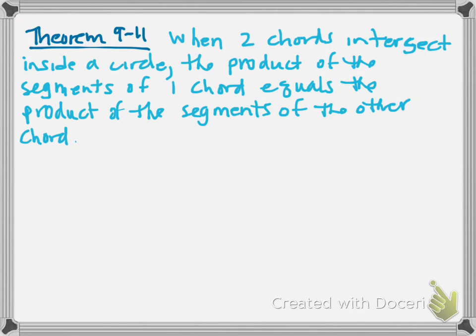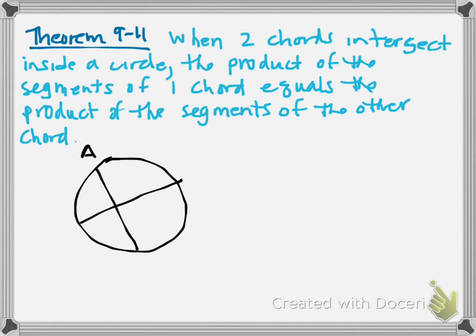So let's draw a picture of this so you can visualize what I'm talking about. So here's AB, here's CD. We'll call this point P. And again, P is not the same as the center of the circle. We'll call that U over here.